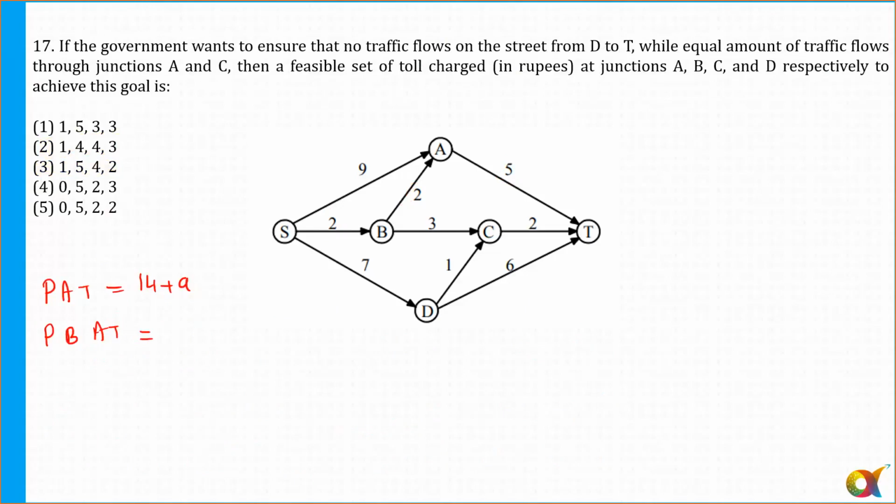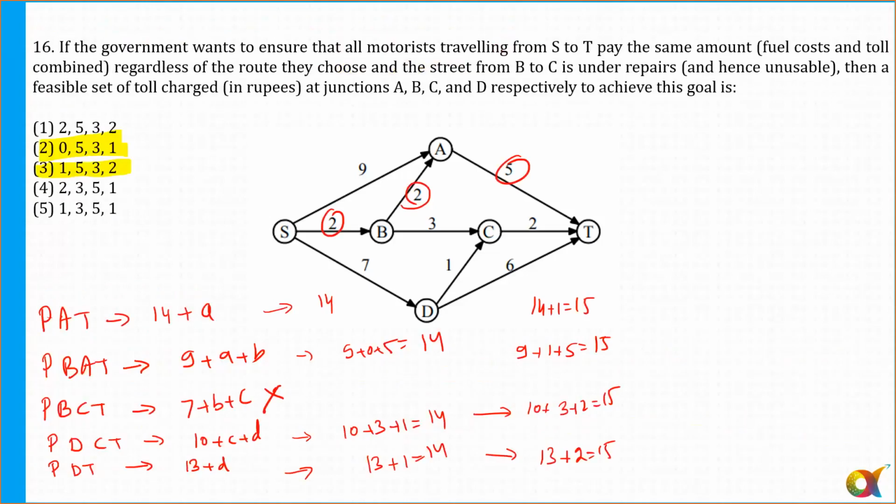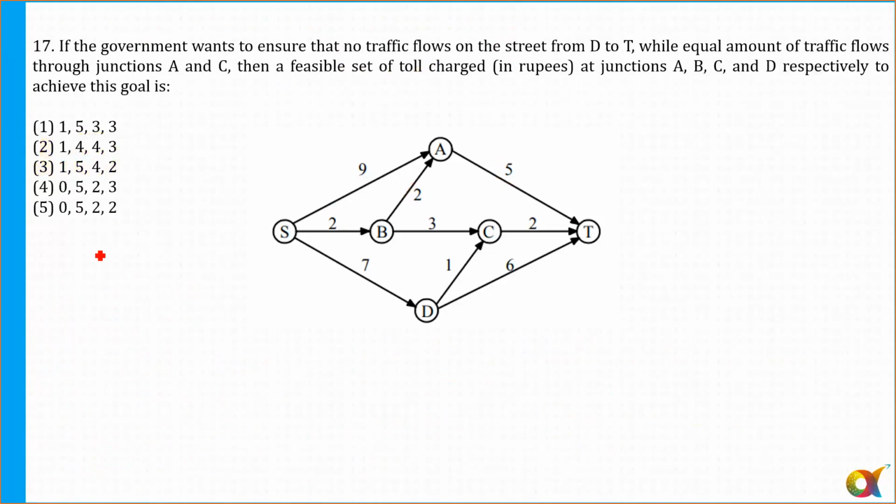It's not P, that is why I have taken P. It is starting from S. So by default I'm taking S for all of them. You can see the paths are SAT, then SBAT, then SBCT, then SDCT, and then SDT.